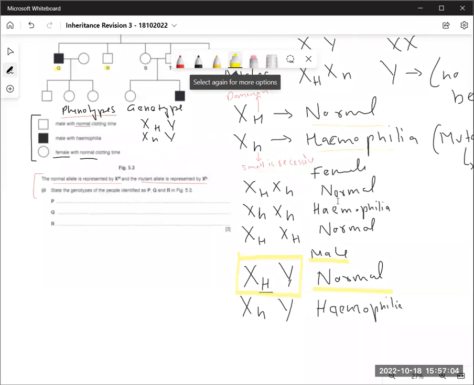So I've sent it to you in the chat. It's this. So female is normal when this happens, and female is also normal when this happens. So there are two possibilities in this case. Female will be normal if I have XH and small h, or if both of them are capital. Is that clear? These two are possible for normal.